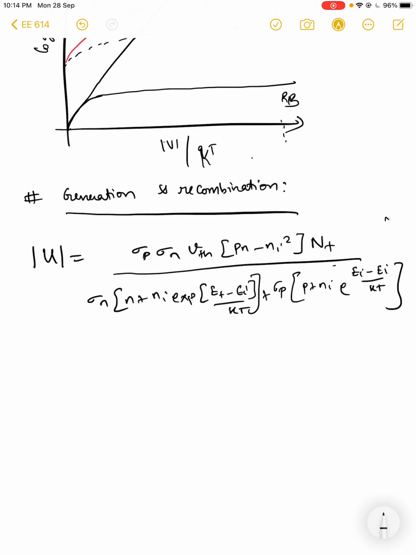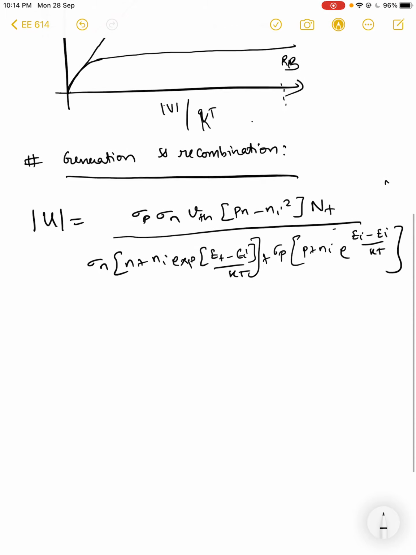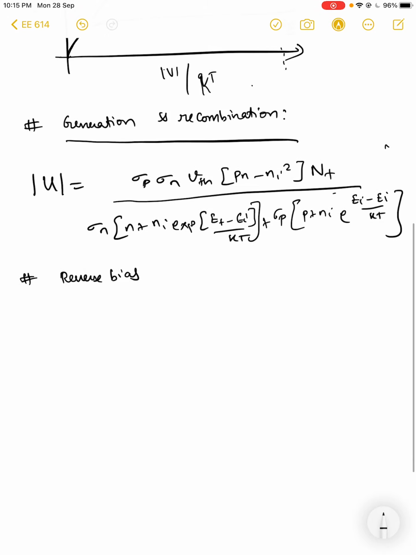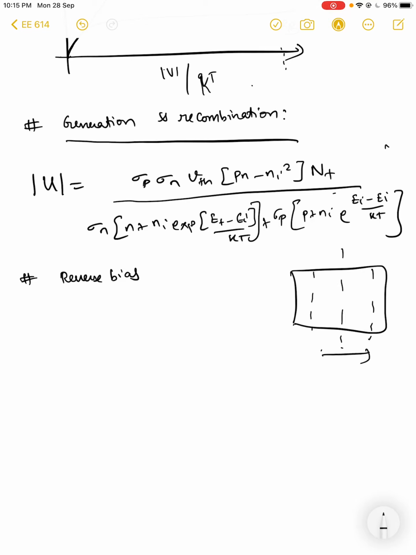So the aspect that we are trying to understand is what happens to the ideal or the diode currents at different bias conditions. So let us first look at the easiest condition, that is the reverse bias condition. Under reverse bias, we have this PN junction diode, and then we have this really huge depletion width, which increases upon applied bias.